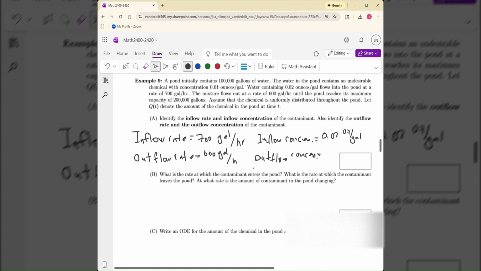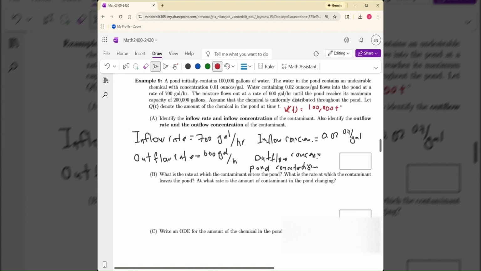This time this is equal to the pond concentration. And the pond's concentration depends on the volume of the pond. Let's go back and figure out the volume of the pond at time t. So the pond starts initially with 100,000 gallons.